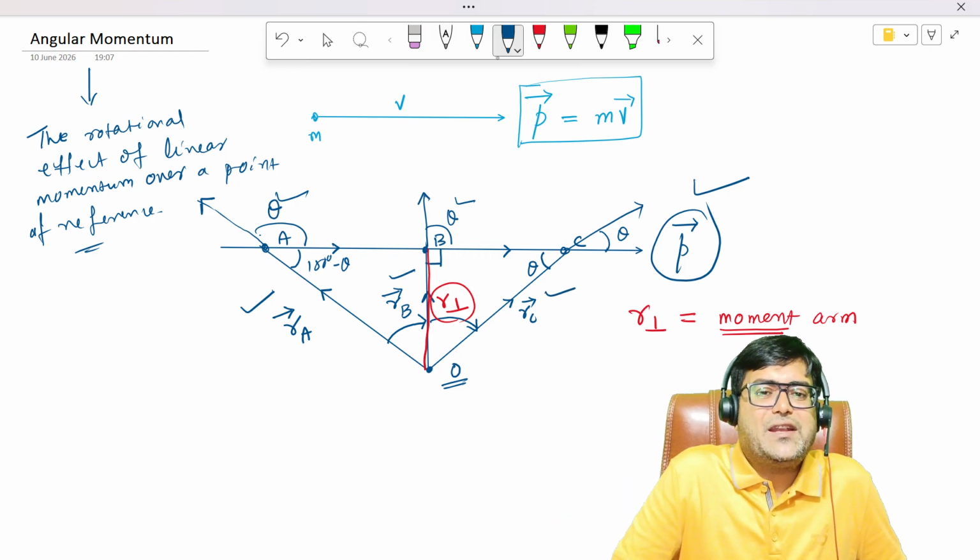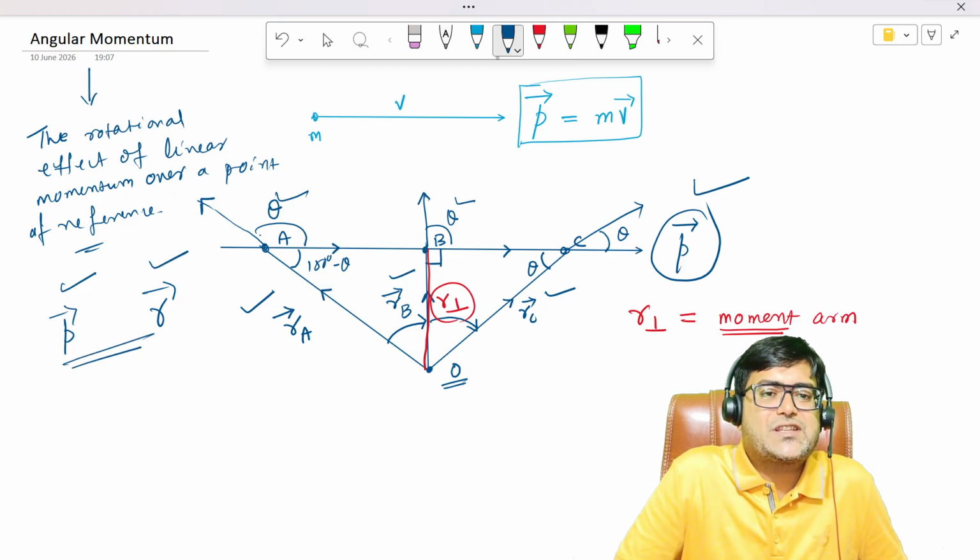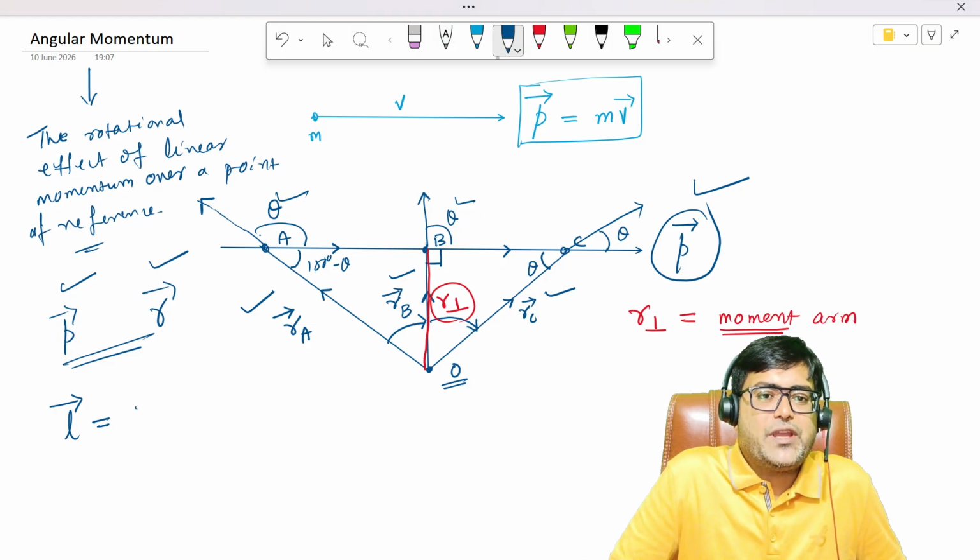Then how do I define, if I know my momentum vector, if I know the position vector at any given instant, by just knowing these two things, I can find the angular momentum. The angular momentum is defined to be the cross product of the position vector and the momentum vector.